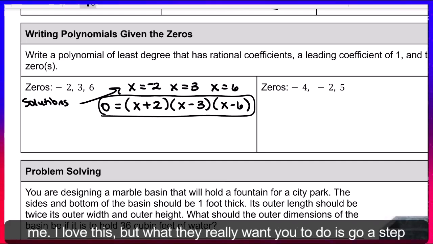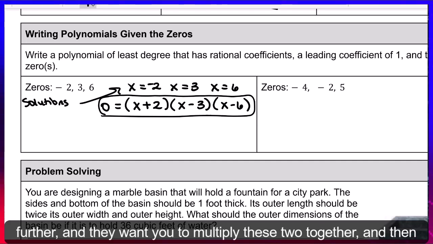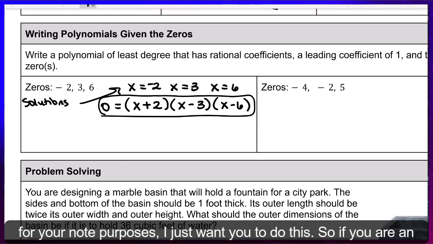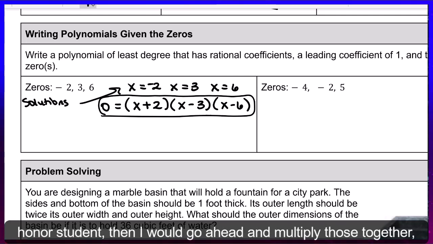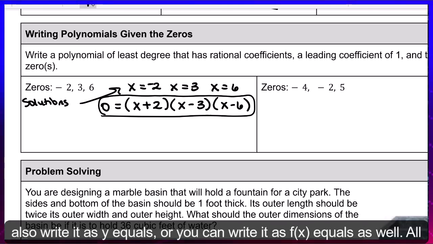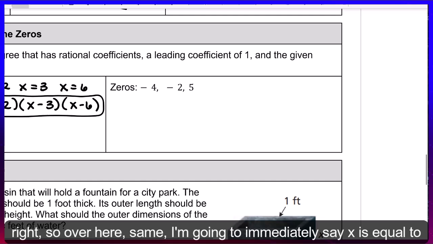I love this, but what they really want you to do is go a step further, and they want you to multiply these 2 together, and then that answer needs to be multiplied times x minus 6. But honestly, for your notes purposes, I just want you to do this. So if you are an honor student, then I would go ahead and multiply those together and just see what you get. You can also write it as y equals, or you can write it as f of x equals as well.